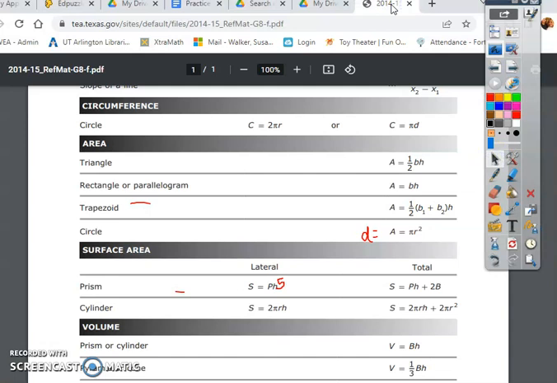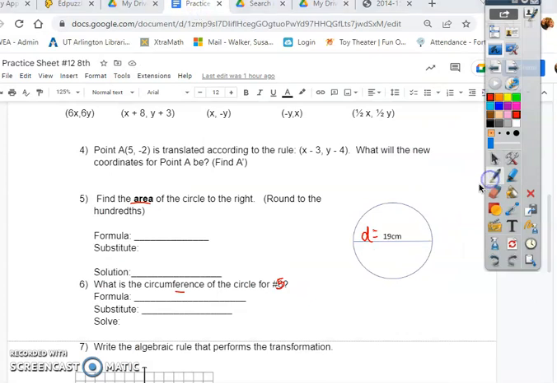So circumference, notice I have diameter, is going to be C equals pi d. And for area, A equals pi r squared.